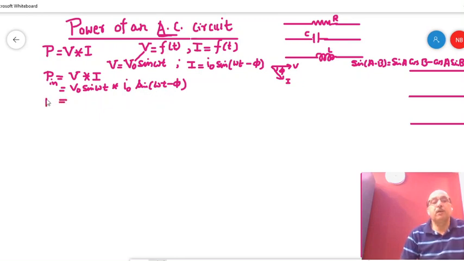So instantaneous power on an AC circuit is V naught I naught sine omega t into sine omega t cos phi minus cos omega t sin phi, right? Now we may open this equation.